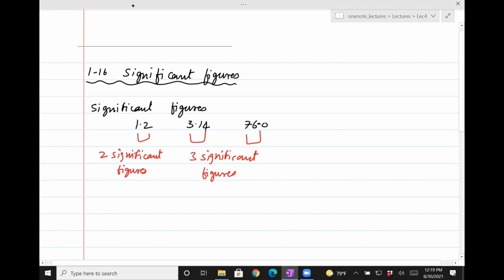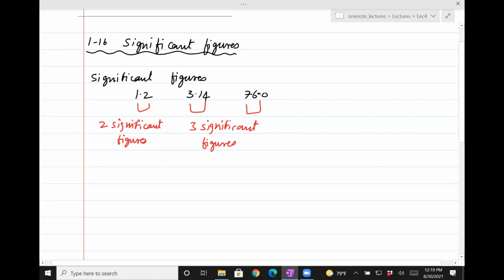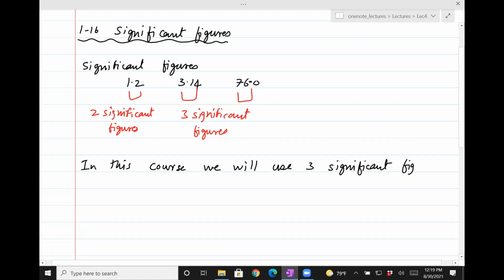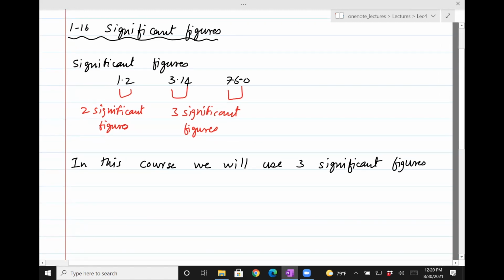So in this course, we will stick to three significant digits, unless stated otherwise.